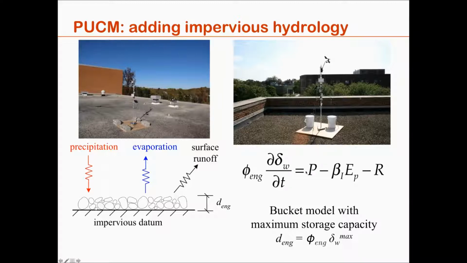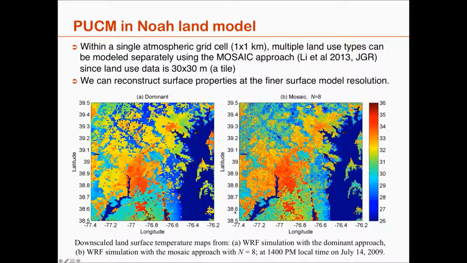When it's filled, the derivative of its depth goes to 0. If it's not full, precipitation increases the storage, and evaporation decreases the storage. So if it rains, the reservoir can get full, and then evaporation will continue to deplete this reservoir until it's empty, and after that you have to wait for the next rainfall event.